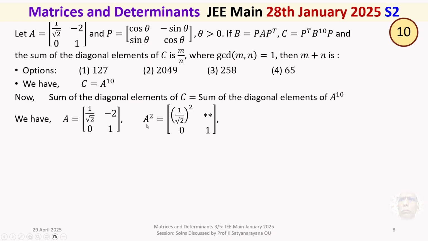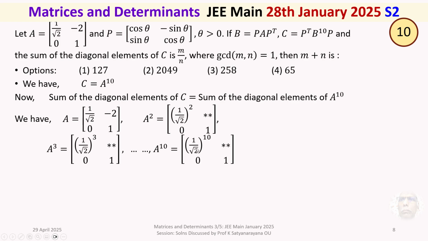If you make a cube, then (1 by root 2) whole cube, something, 0, 1. Like that, if you continue, then A power 10 will be equal to (1 by root 2) to the power of 10, something, 0, 1. And the sum of the diagonal elements of A to the power of 10 is (1 by root 2) to the power of 10 plus 1.